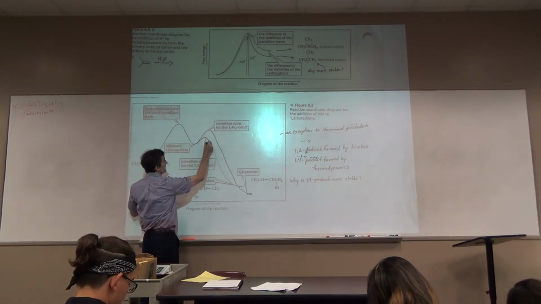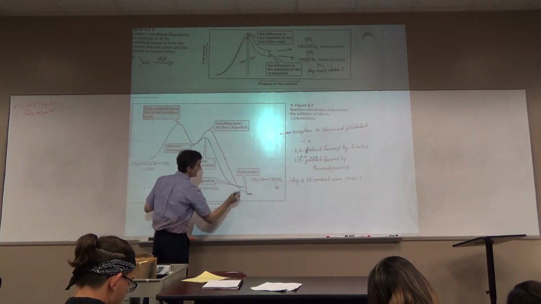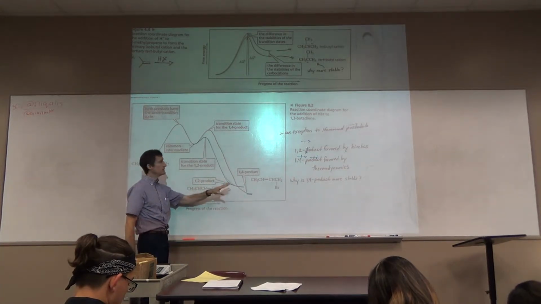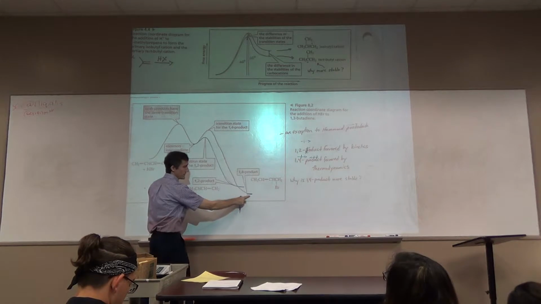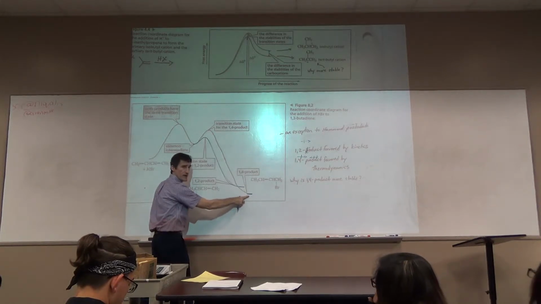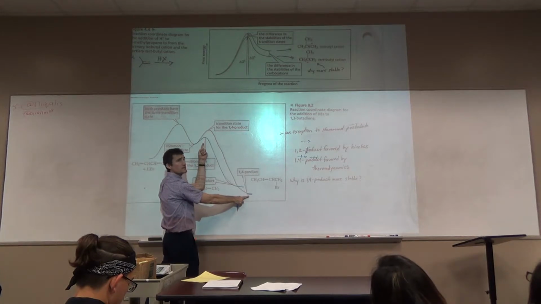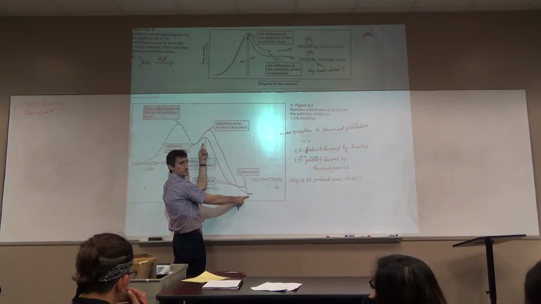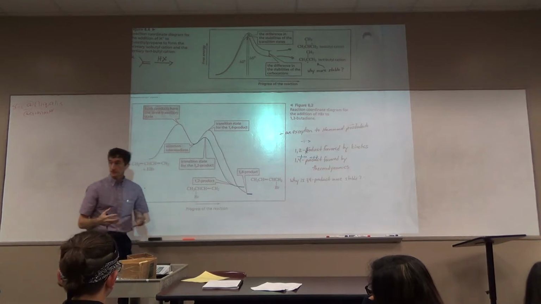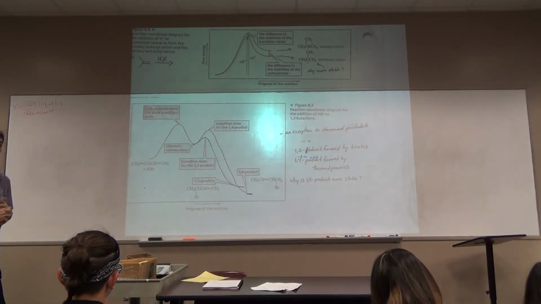I'm going this way. But that leads to, see, this is sort of an exception. Usually, the lower energy intermediate or product usually has a lower transition state energy. But that's not the case here. So this is an exception to our original kind of statement.